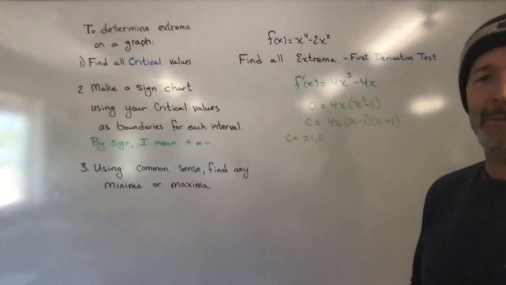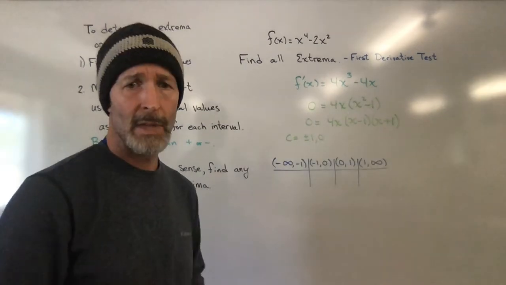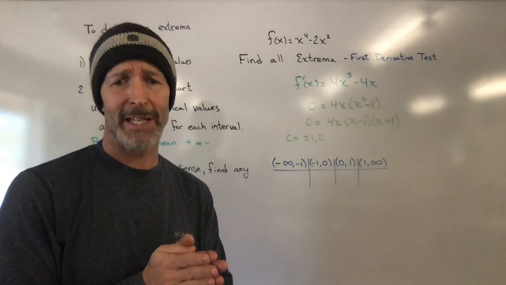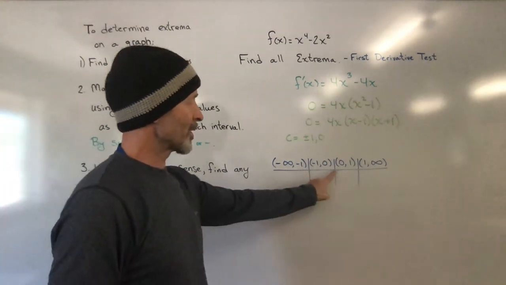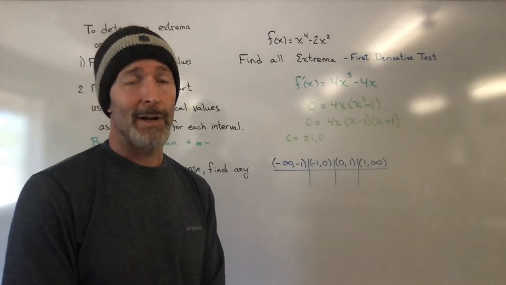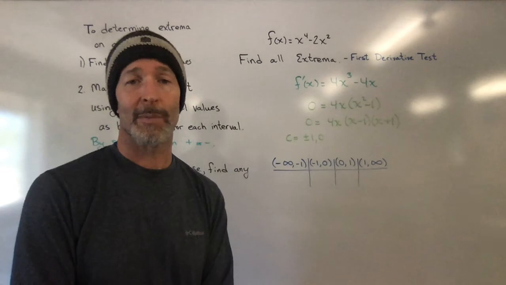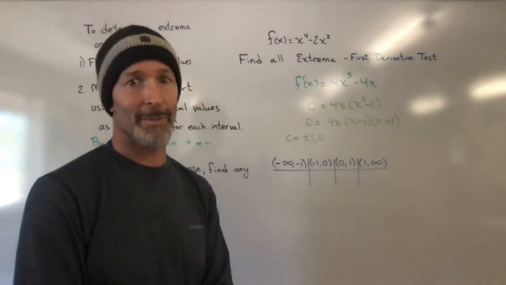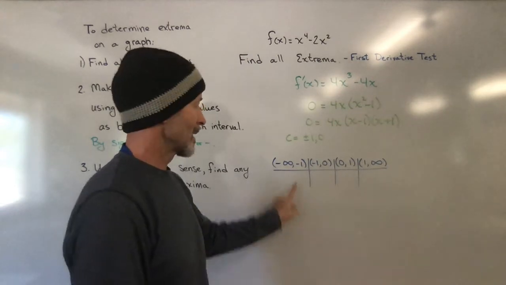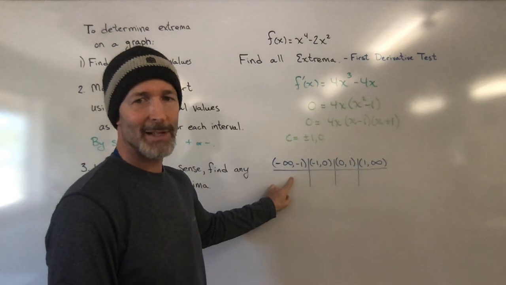So now here's what I mean by a sign chart, and these critical values make the boundaries. I'm going to look at every number on this entire graph from negative infinity to infinity. And I already know that 3 of those numbers equal 0. Now, if there's only 3 numbers that equal 0, that means every other point on this graph will be either a positive number or a negative number. Since this graph is continuous on those intervals, if one number in this interval is positive, every single number is positive.